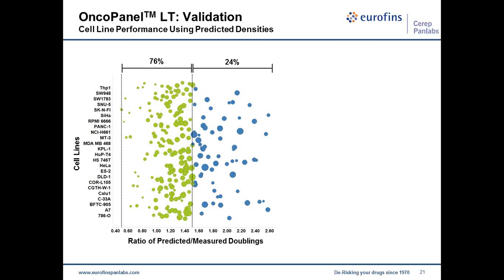Now that the validation was complete, we began to put all 240 test cell lines under our 10-day incubation conditions. And then we revisited this question about how well we could predict doubling times.